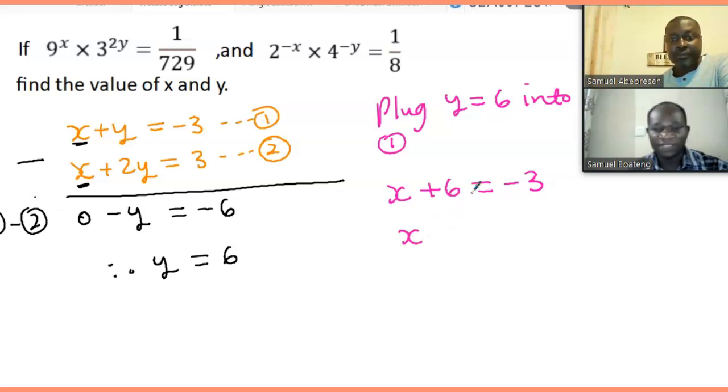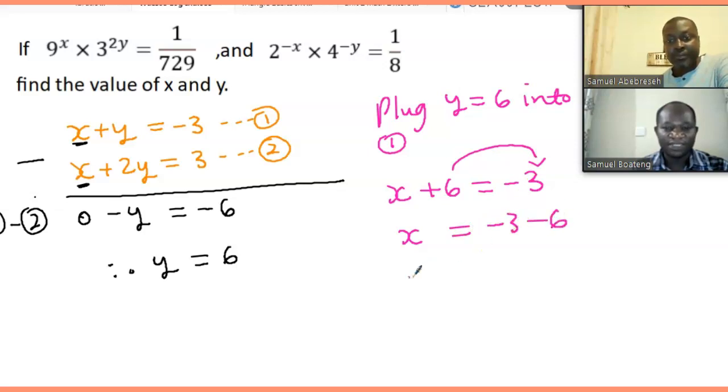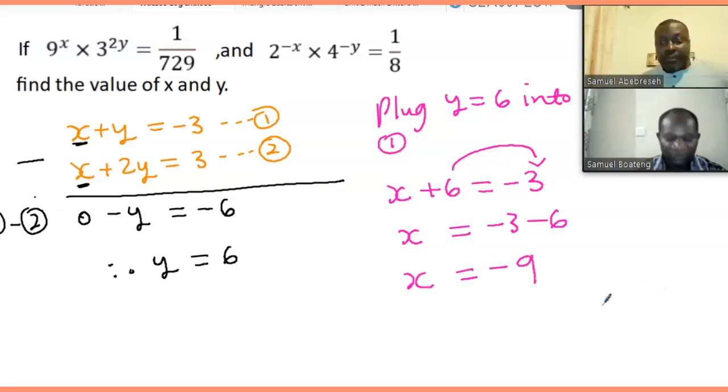To find x, we send the 6 over. So minus 3 minus 6. So x is equal to minus 9. Remember, you can also have simultaneous equation which involve indices. When you are given such a question, as we have done, you generate your equation first before you use the concept in solving simultaneous equation to solve this.